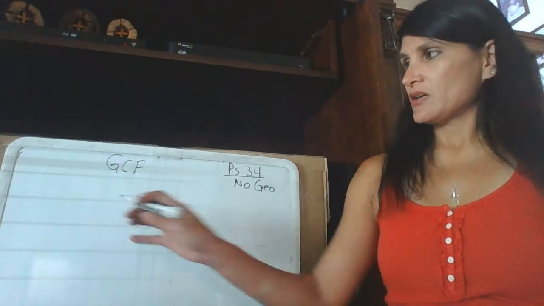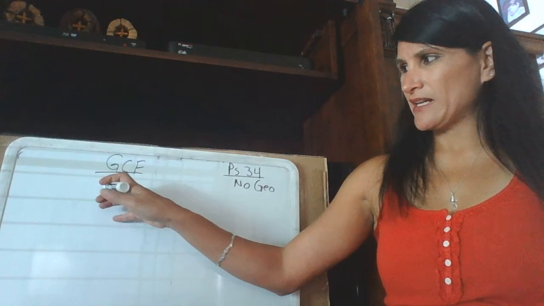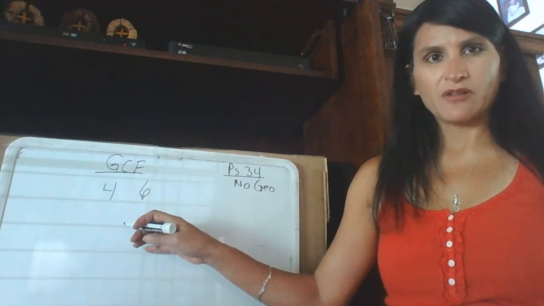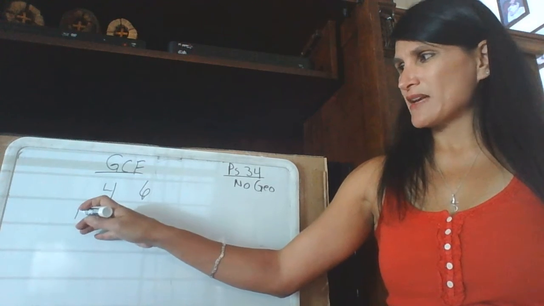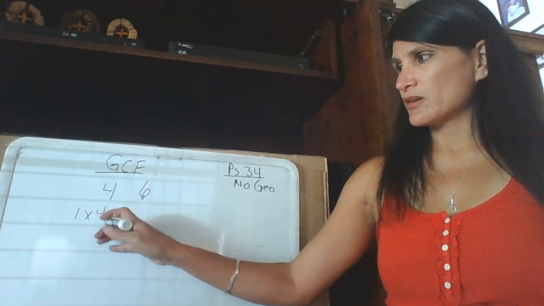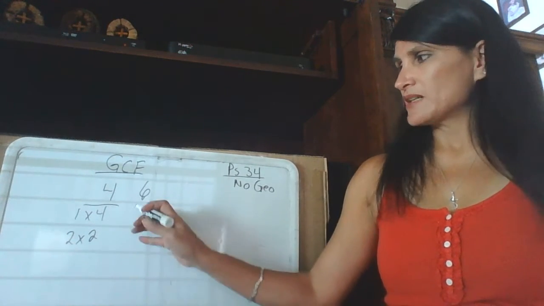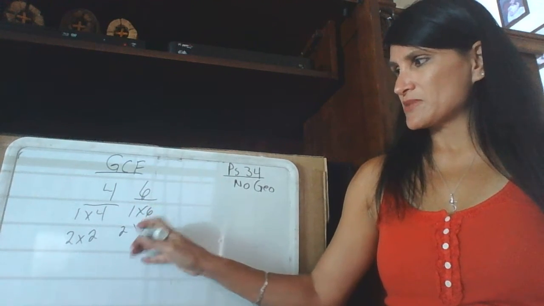A couple of things. When I talk about common factors, let's say I had the number 4 and the number 6. Common factors are factors that go into both numbers. So I would do that by saying 1 times 4, and then 2 times 2. And then 1 times 6, and 2 times 3.